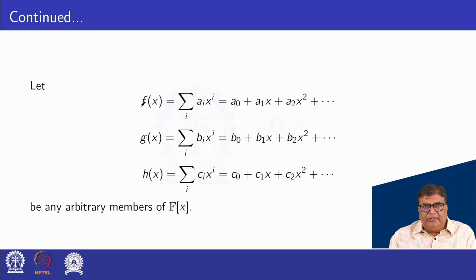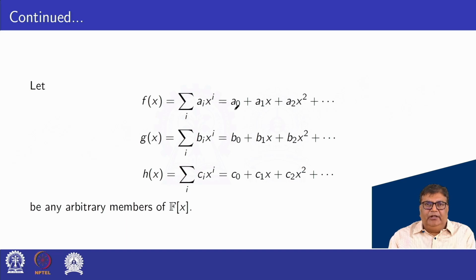Suppose f(x) = g(x). It means summation aᵢxⁱ = summation bᵢxⁱ, that is a0 + a1x + a2x² + and so on = b0 + b1x + b2x² and so on. So we can compare the like coefficients of the powers of x.